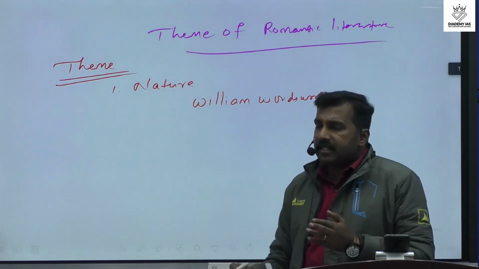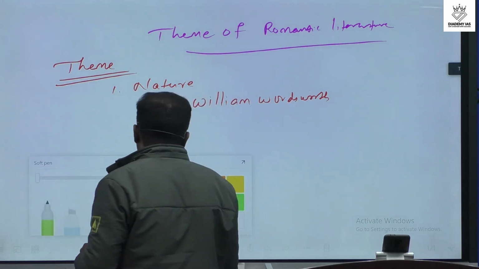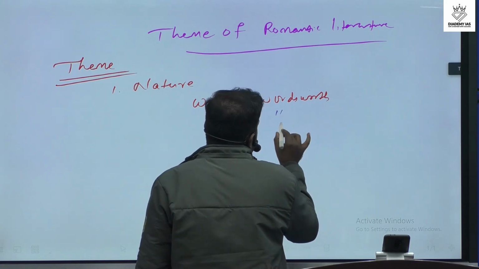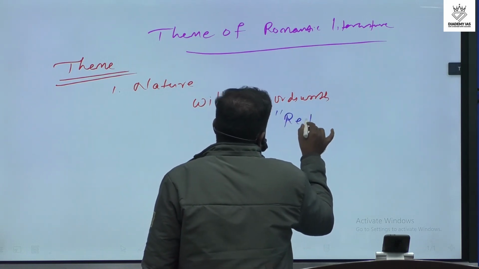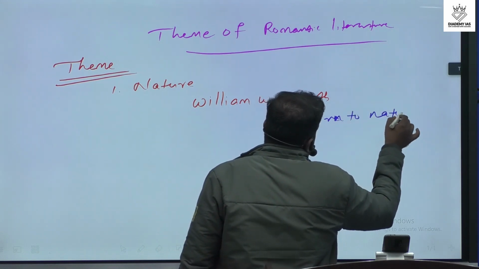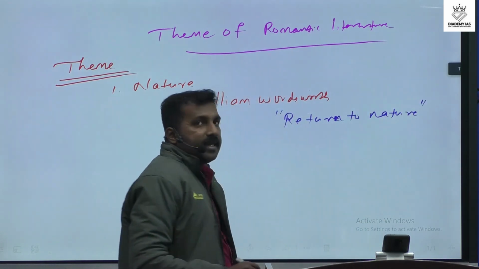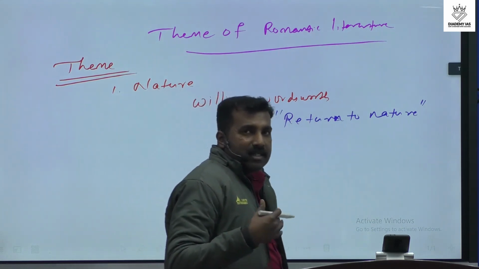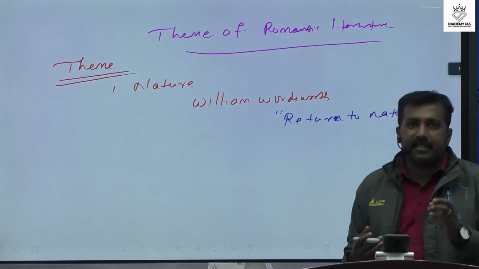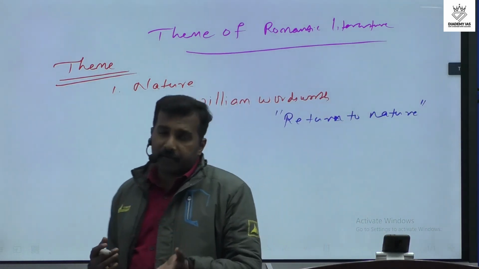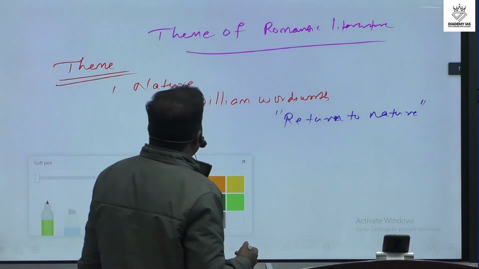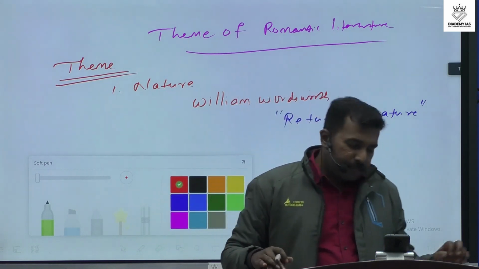He mainly focused on the sentence, return to nature. That means Wordsworth asks readers to go back to nature, to love nature and the beauty of nature. So nature is an important theme in Romantic literature.